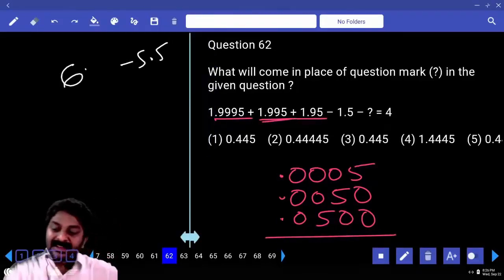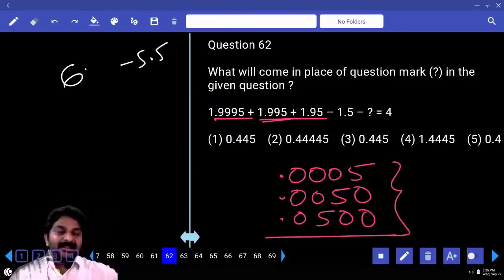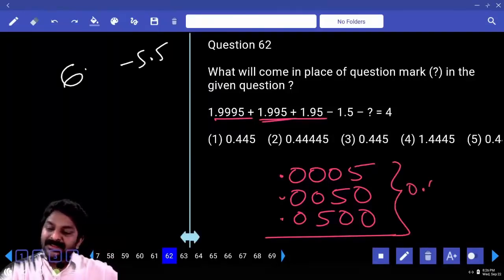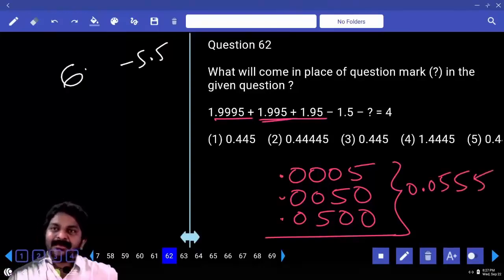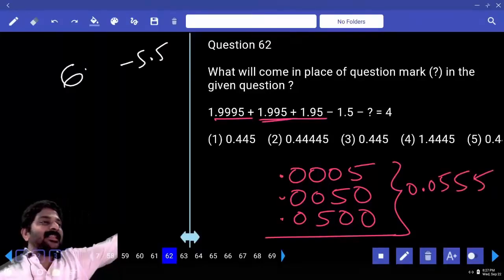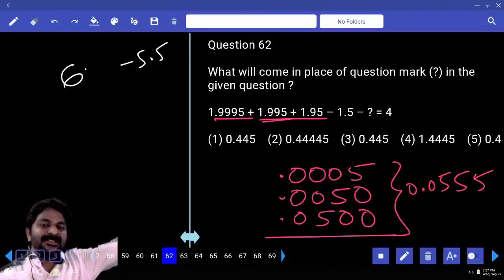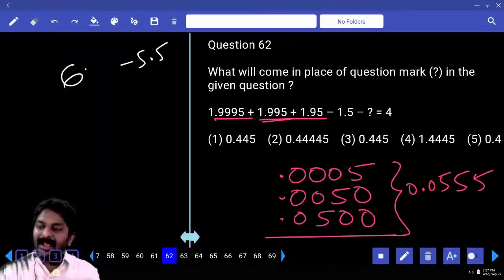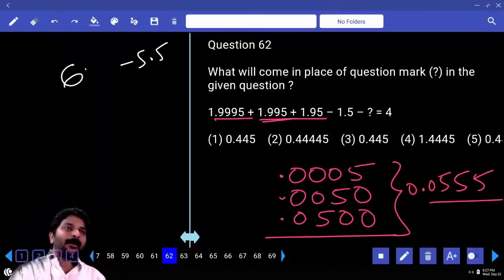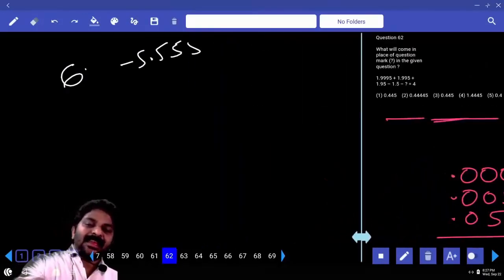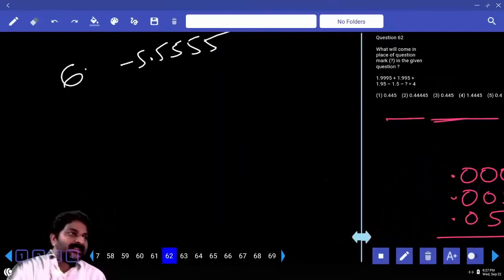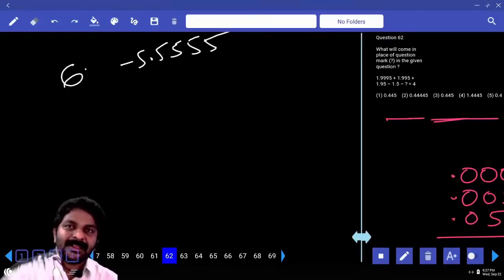Still we have to subtract 0.0555 from this number, correct? Already there is a negative number, minus 5.5, and after that we have to subtract 0.0555. That means we have to finally subtract 5.5555 from 6 only.